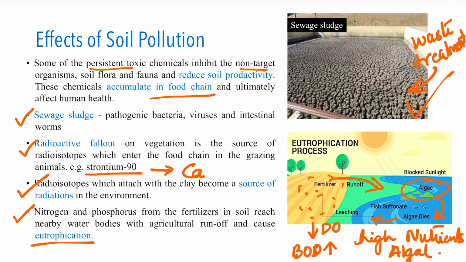Ultimately, anaerobic conditions will be there, and only pathogenic bacteria will be able to survive in such conditions. So that is the short process that we had already discussed, the eutrophication process.